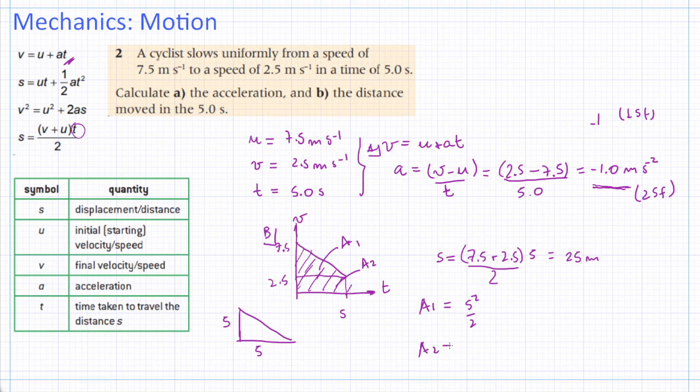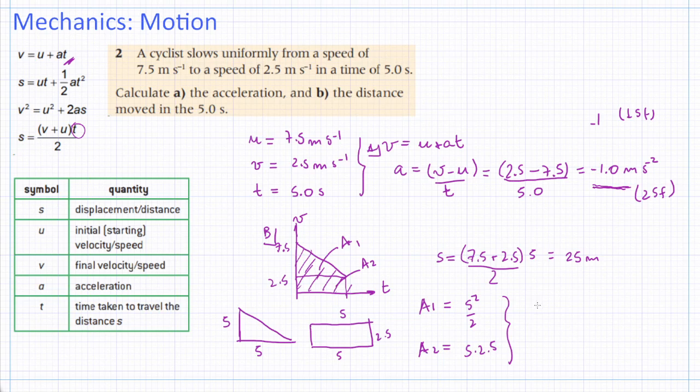Area 2 would be the rectangle. The height is 2.5 and the base is 5. So it's 5 times 2.5, which is the same thing, isn't it? Both areas are going to be the same.